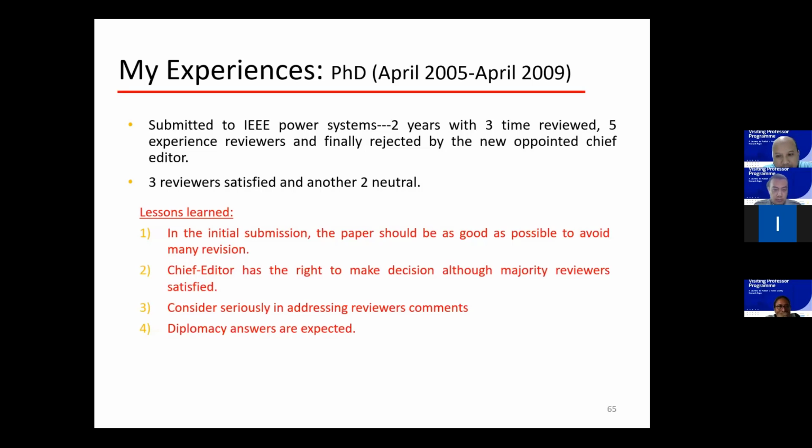And whatever the comment, we need to treat it seriously and answer in a diplomatic way, because reviewers are human, sometimes already more than 20 years in their area, very experienced. If the way we answer makes them unhappy, it may cause problems for the paper as well.